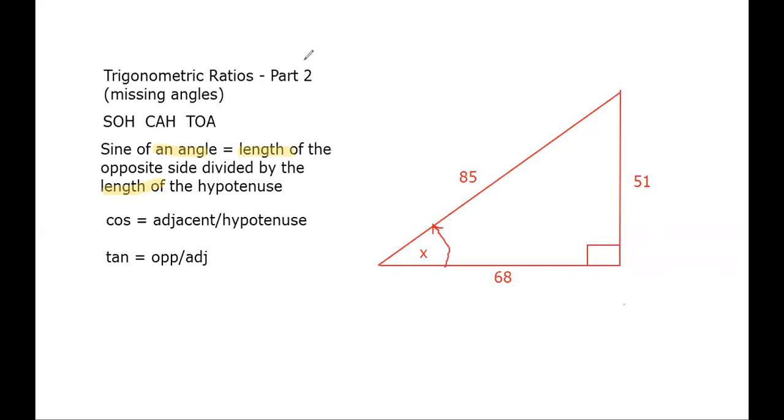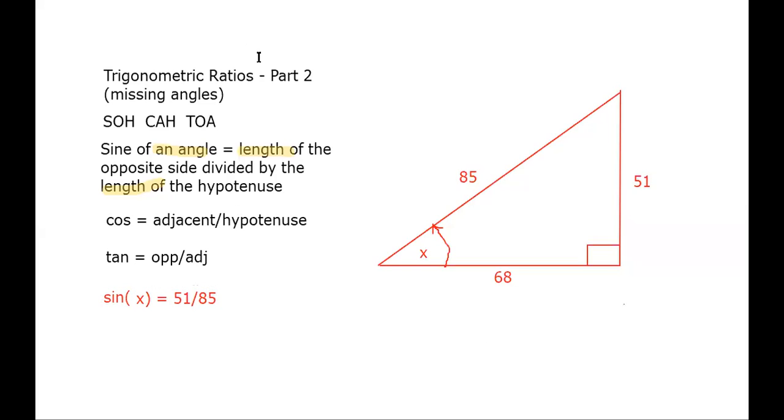If we want to use the sine function, the sine of x is going to equal opposite over hypotenuse. So the opposite side of x is 51 divided by 85.